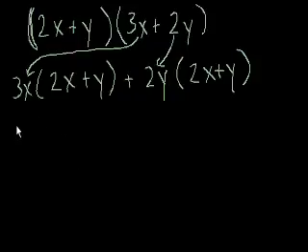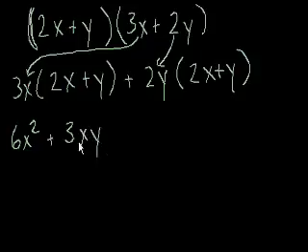3x times 2x is 6x squared. 3x times y, that's 3xy. 3xy is just another way of saying 3 times x times y. Plus 2y times 2x, well that's 4yx, right? 2 times y times x. Plus 2y times y.